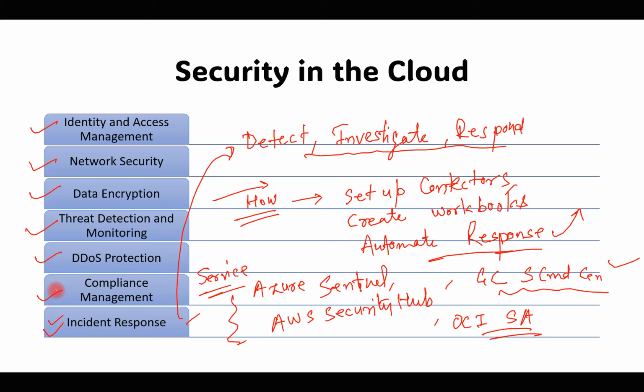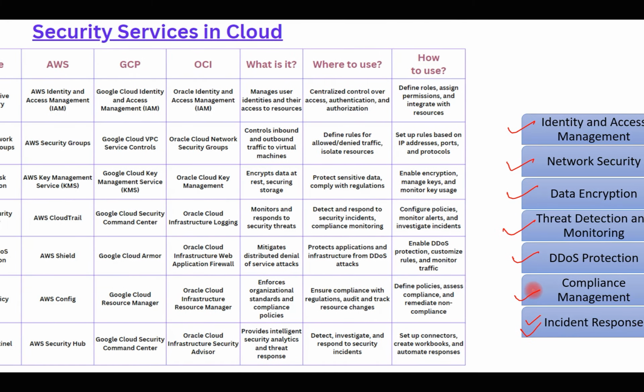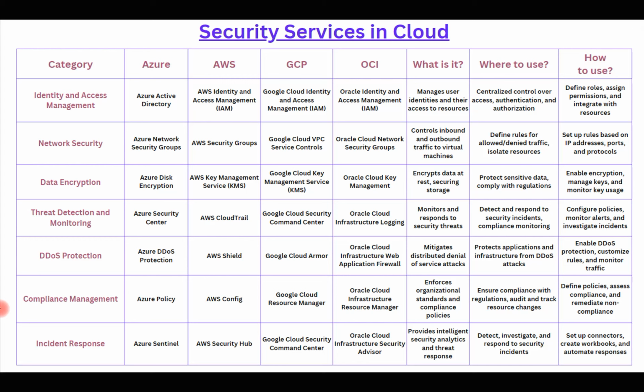Now it's time to talk about the cheat sheet, how we can remember all these things in a single picture. You can see this particular page where I have defined everything in a simple way. In this cheat sheet, you can see all the 7 verticals that we discussed in this video.